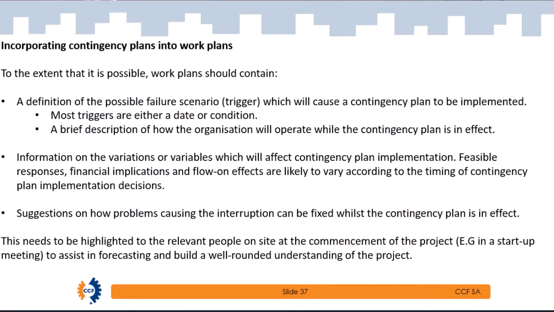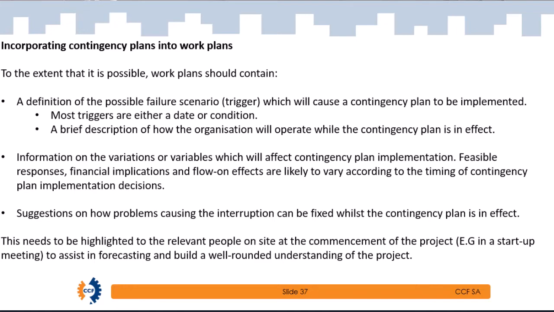I guess the most important thing really for a contingency is knowing what the trigger is. So when do we actually pull the trigger on implementing that contingency plan? Most triggers are either a date or a condition, with a brief description of how the organisation will operate while the contingency plan is in effect.